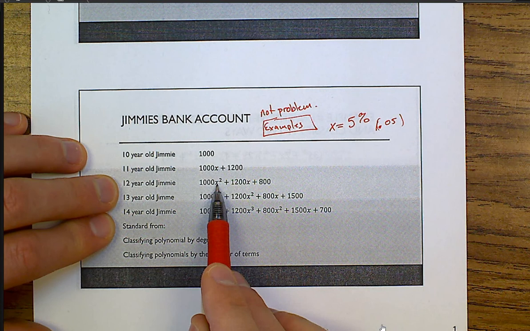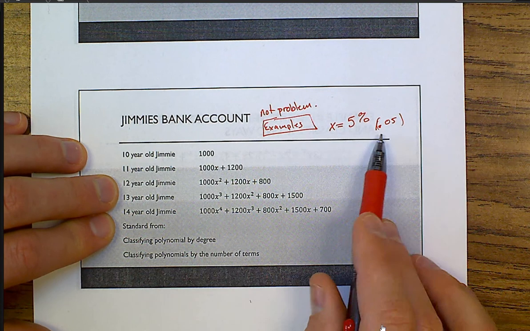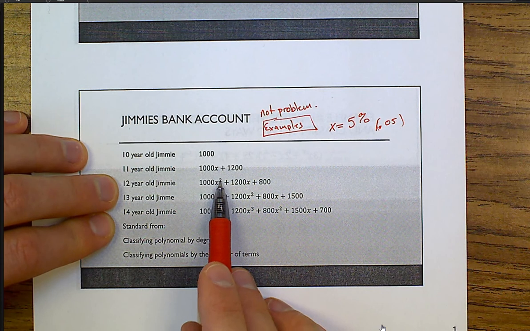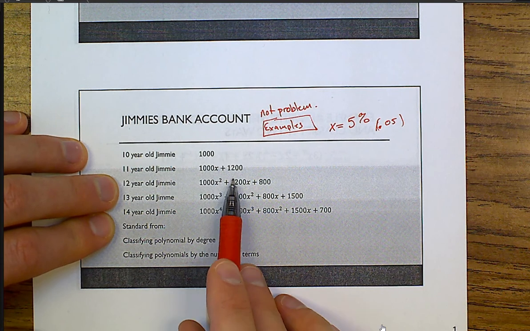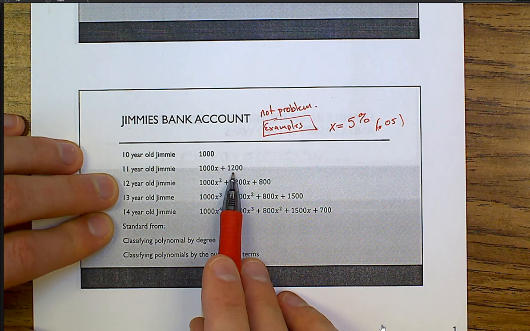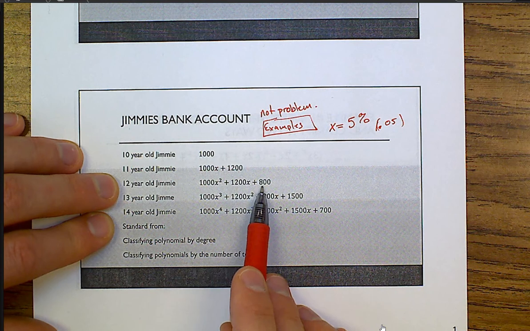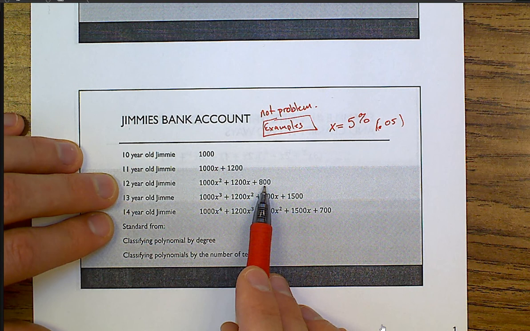So that percentage has been basically squared because it's gone through twice. The $1,200 that his parents gave him the year before now accrues the interest 1 year because it's been in the bank for 1 year, and then this $800 represents another $800 that his parents just gave him to start the new year.